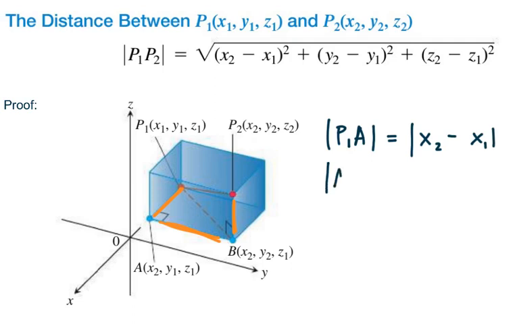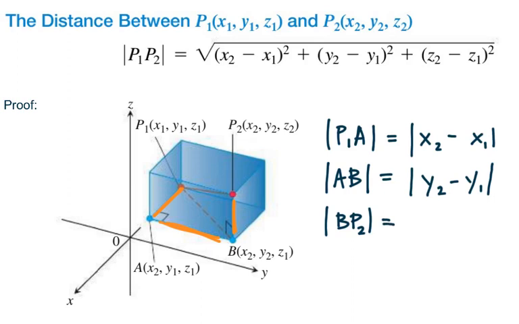If we look at the magnitude of AB, we would have y sub 2 minus y sub 1. And if we look at the magnitude of BP sub 2, that would be z sub 2 minus z sub 1.